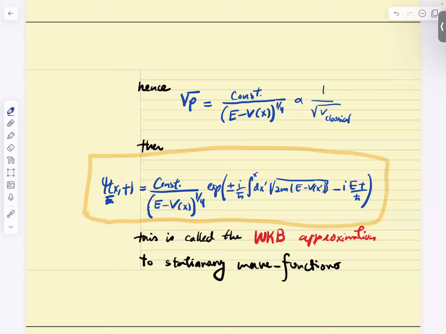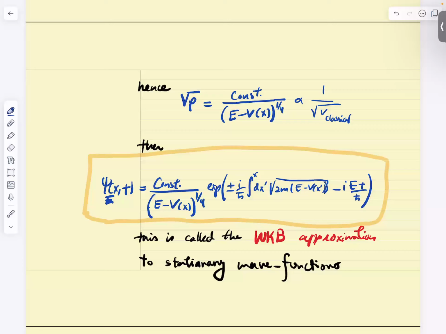There are things that are funny about this. So I absolutely recommend just staring at this. There's so much you can see in this. The only Schrodinger equation you've solved for so far is just a free particle. The solution to which was a plane wave. The plane wave had a phase, which was p x minus E t.